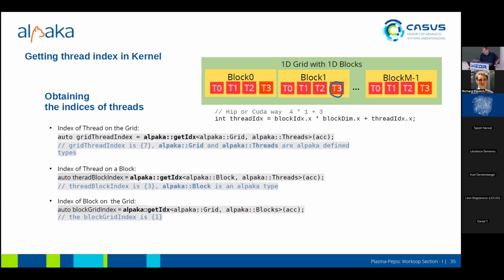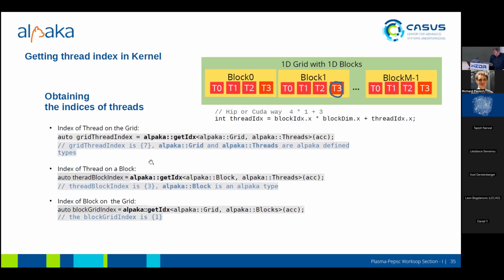For example, the index of the selected thread is 7 in the grid. As you can see, it is the 7th thread in the grid. Therefore, if getIDX is used with grid and thread types, then it is going to give us the index of the thread with respect to the grid.